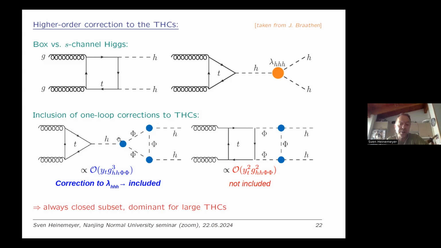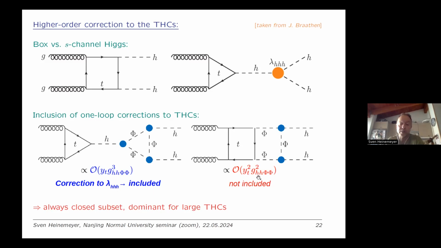Now, taking into account only this type of corrections, of course, neglects some other corrections, and those are depicted on the right-hand side, which would be corrections to the box, to this diagram here. And one can do a power counting. Here we take into account triple Higgs coupling cubed, whereas here we have triple Higgs coupling cubed and one additional top Yukawa coupling. So these are included in our analysis.